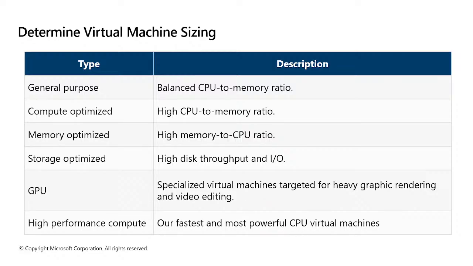But know that all these types come with different pricing. If you are looking at leveraging GPU or high performance compute machines, then you're going to be paying more than when you leverage the general purpose type of virtual machine sizing.